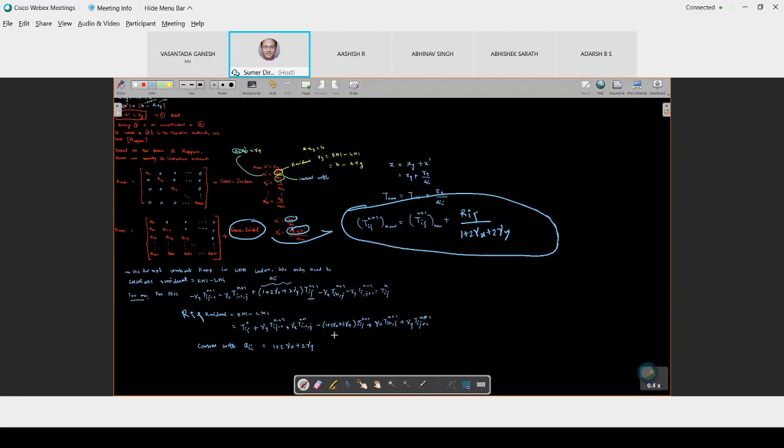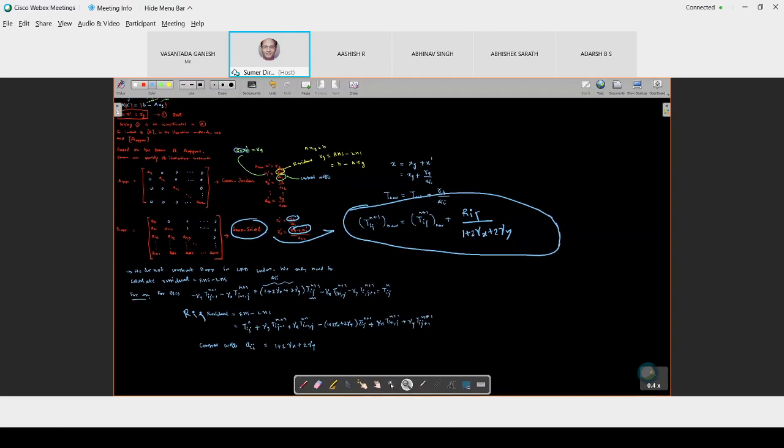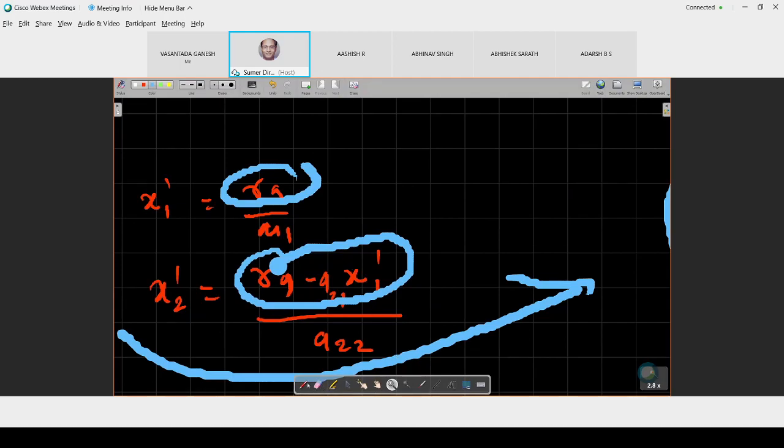But this is again a residual, because the difference between Gauss Jordan and Gauss Seidel is that whenever you are calculating the second value, the previous value x1 prime will always be a known value, currently calculated. So in this case, this value will be this calculated value.